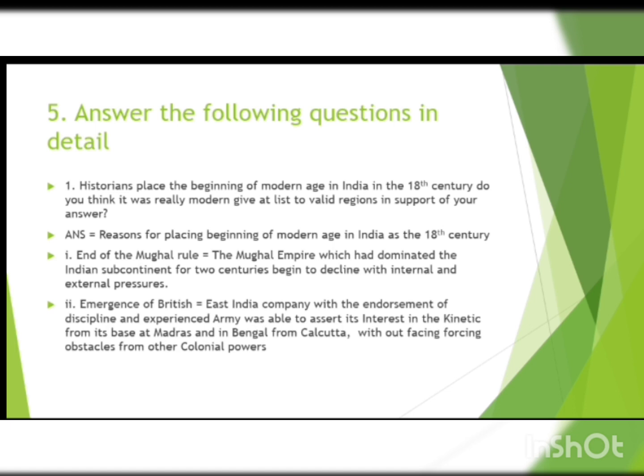Second, emergence of the British East India Company, with a disciplined and experienced army, was able to assert its interest in the south from its base at Madras and in Bengal from Calcutta without facing serious obstacles from other colonial powers.